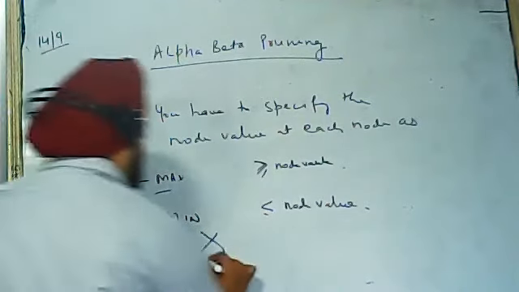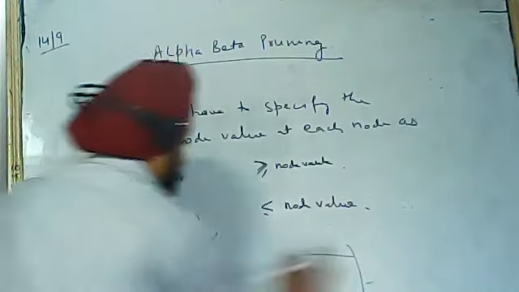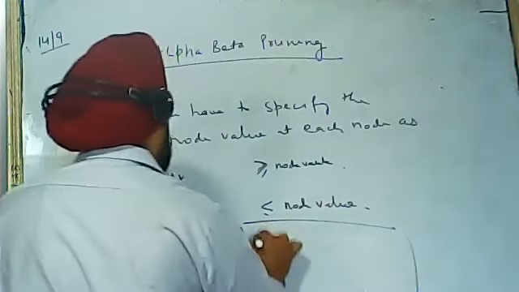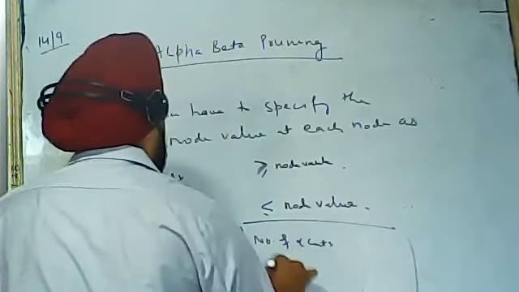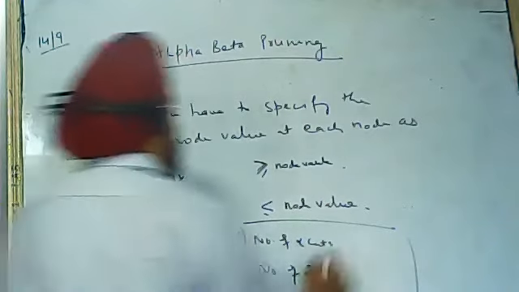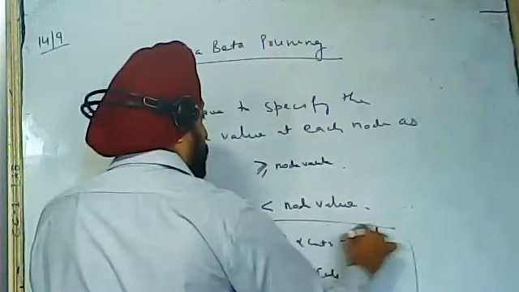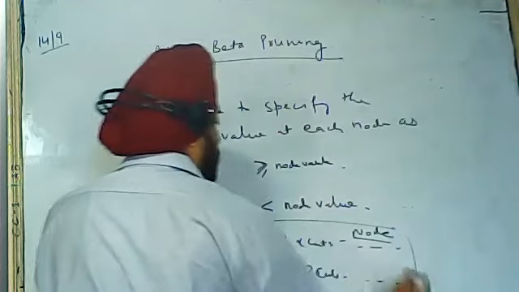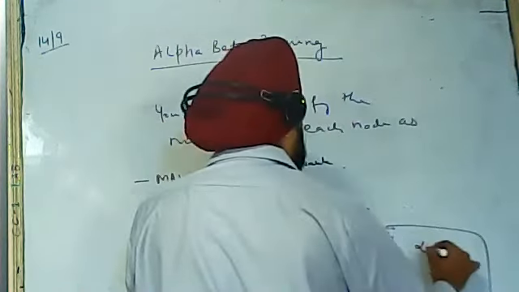And in the last, you have to make the table, and there you have to write the number of alpha cuts and number of beta cuts. You can also specify the nodes where the alpha cut came into action, and the nodes where beta cuts came into action, and also provide the values of alpha and beta at that particular node.